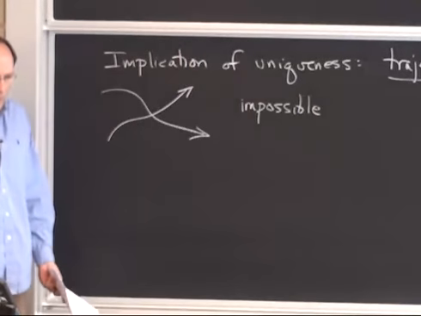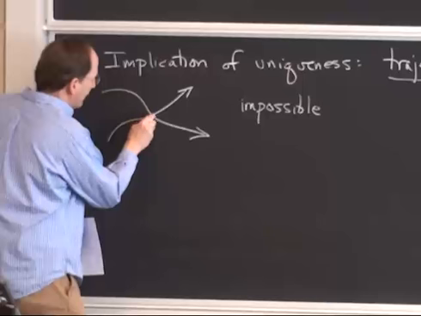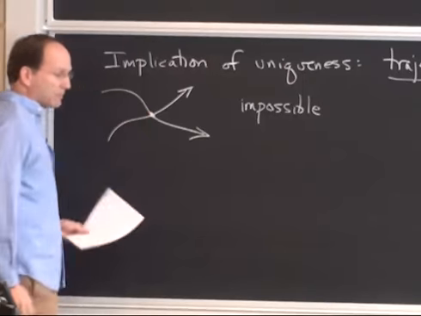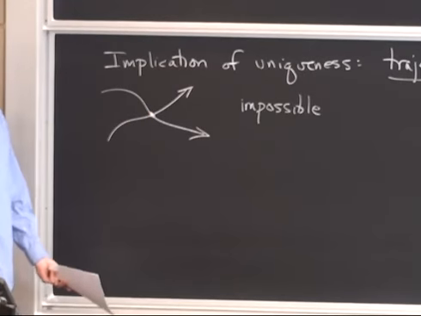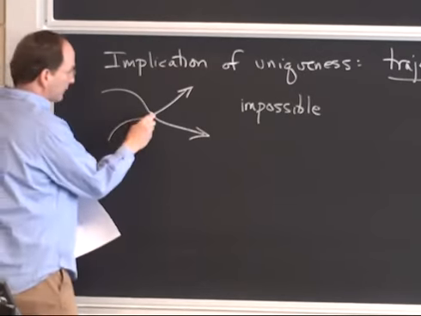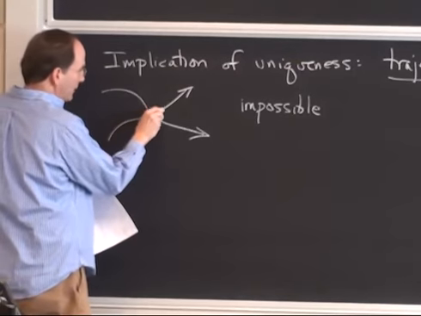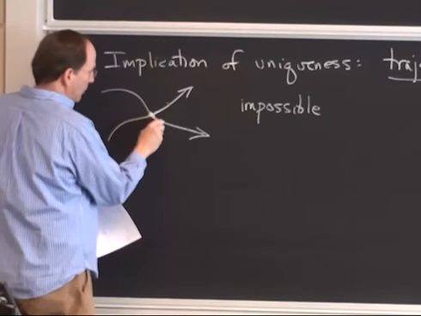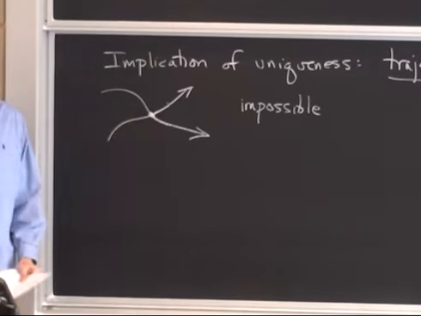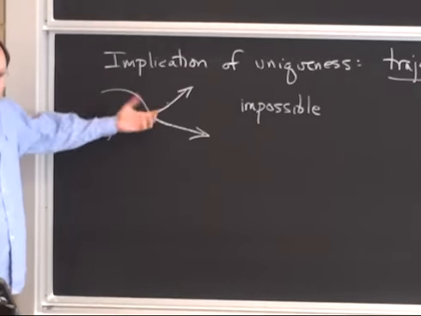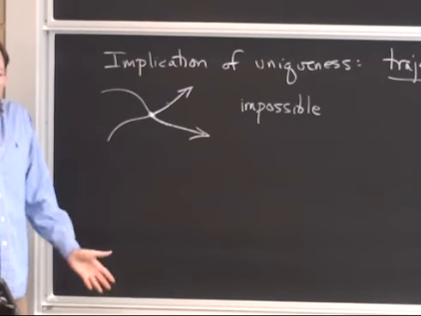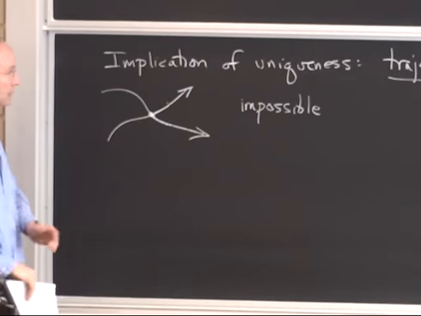And the reason it's impossible is, think about what it would mean if I concentrate on the crossing point as the initial condition, it would say that I have two possible futures starting here. I could either go like that, or I could go like that. That would violate uniqueness of solutions starting from that point. Right? There'd be two solutions starting at that point, and that's not possible by the theorem.